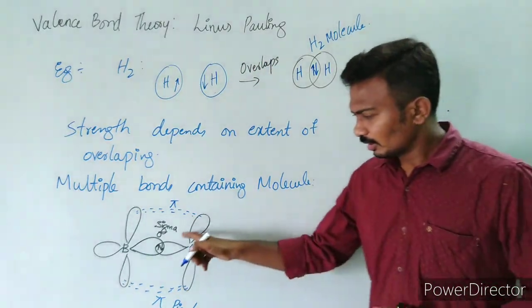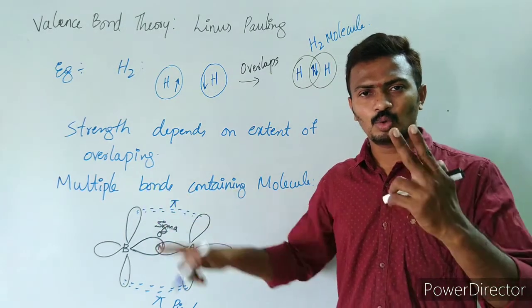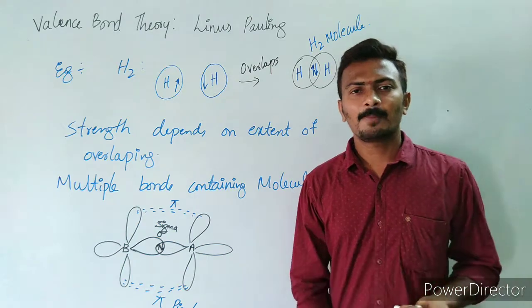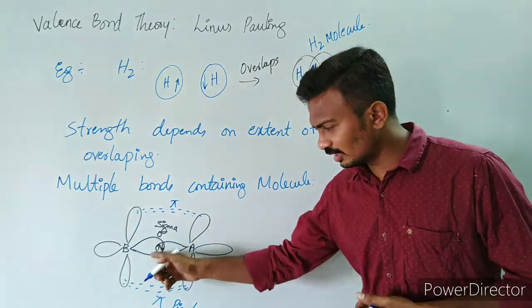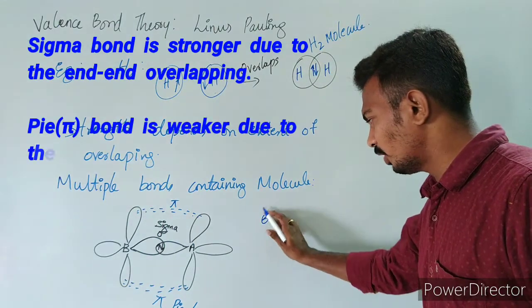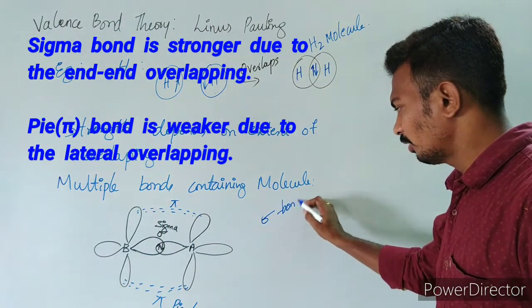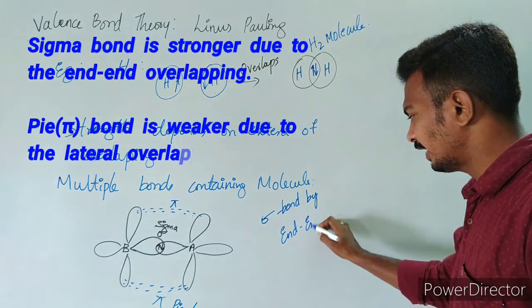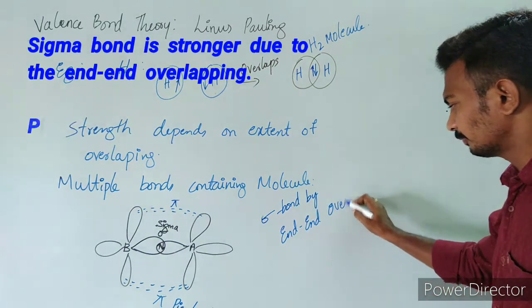So multiple bonds will have two types of covalent bonds, that is sigma bond and pi bond. Sigma bond is formed by end-on-end overlapping.